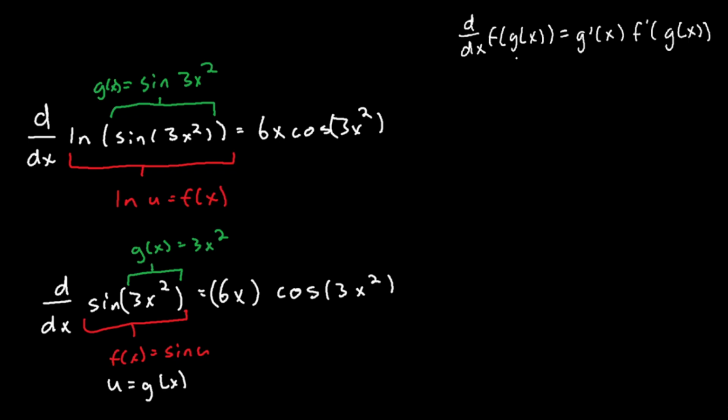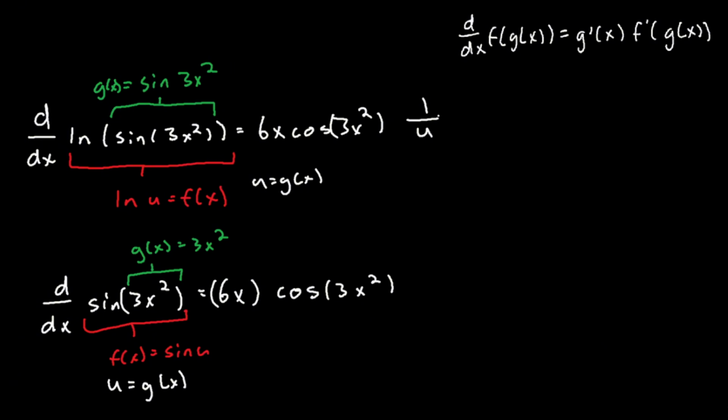Now we find the derivative of the outer function for the larger one right here. So the derivative of f, which is ln, the derivative of natural logarithm is 1 over u. But what is u? Well, u is equal to g of x, so we can replace it right down here.